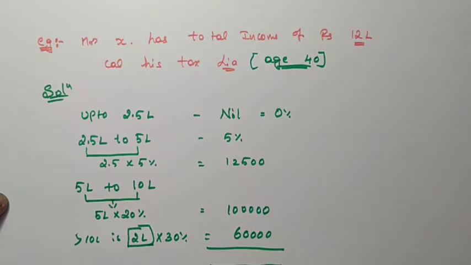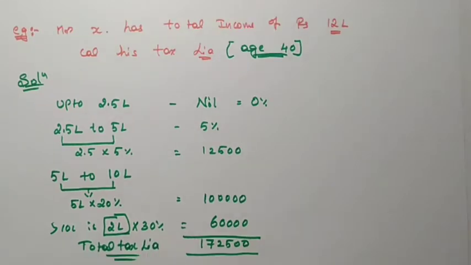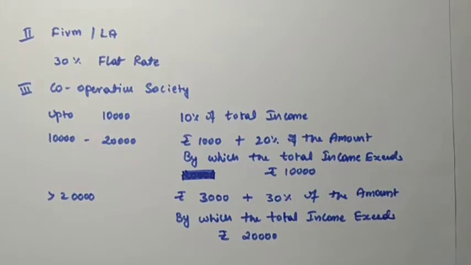So total tax liability is 1,72,500. So this is how we should calculate the tax liability of a person.